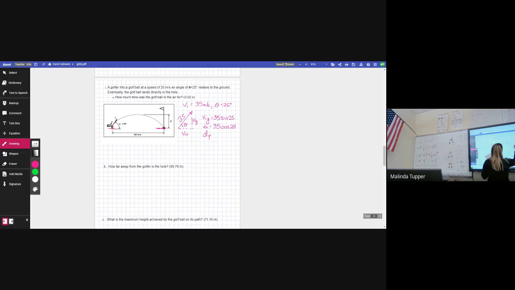So dy is 0, basically just because this is all on the same line. There's no difference in the vertical location between here and here. So from that, I write my kinematics equation.